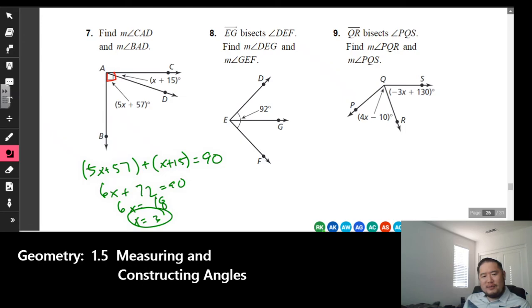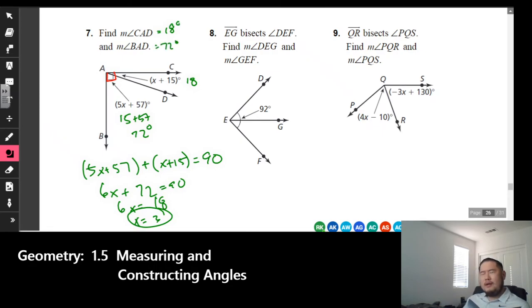Plugging in the 3, we get 15 plus 57, which is 72. Up here, this better be 18, and it is: 3 plus 15 is equal to 18. So CAD is equal to 18 degrees, and BAD is equal to 72.